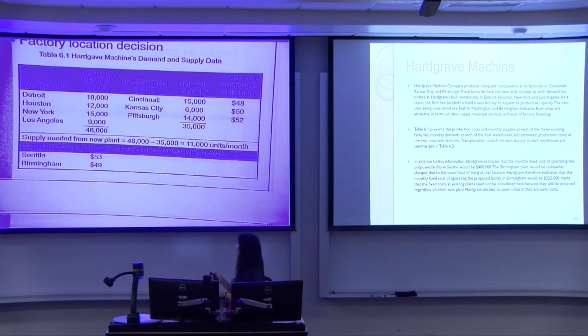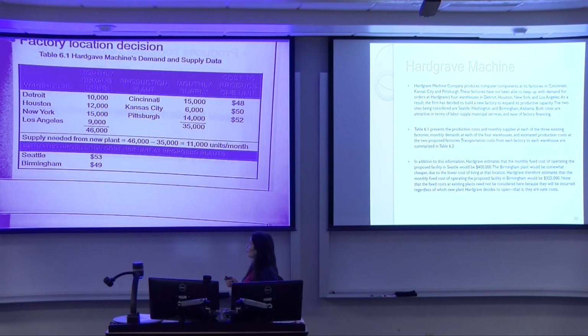Here the monthly demand is 46,000, and for the existing plants the monthly supply is 35,000. So you do not have enough supply. Therefore, you want to open another plant. You have two choices. One is in Seattle. The other is in Birmingham.